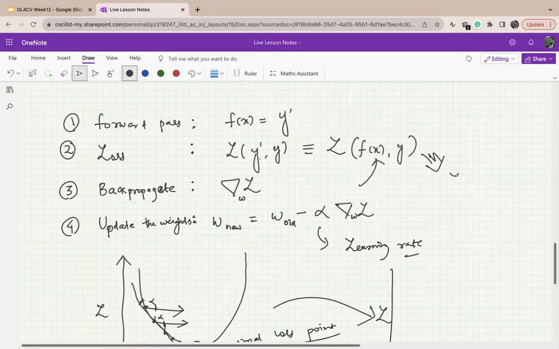That implies you can take the gradient of the loss with respect to x by fixing the weights.